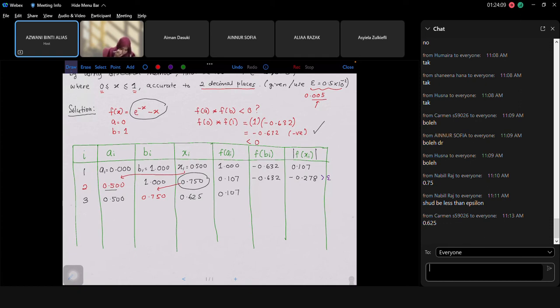Okay, B is the new value sebab 0.75. Kita boleh ambil daripada sini je. And then you cari the new value untuk X 0.625, ganti.